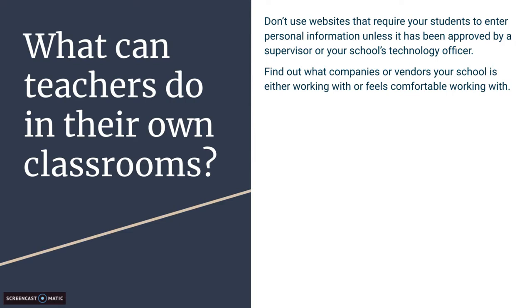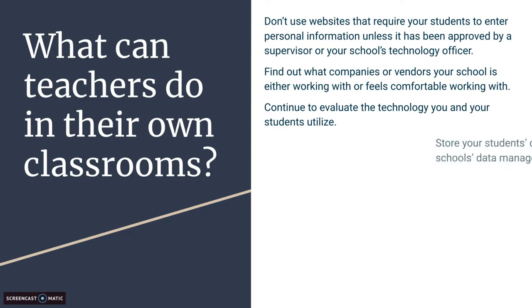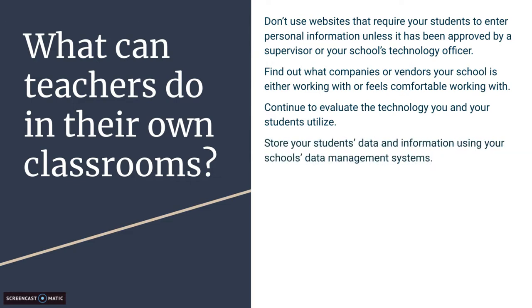We need to find out as teachers what companies and vendors our school is comfortable working with, because some of these vendors are trustworthy and then some of them might not be trustworthy. We need to continue to evaluate the technology students are using, making sure it's secure. We need to store our students' data using the school's management system, so don't put their information on your own personal devices.